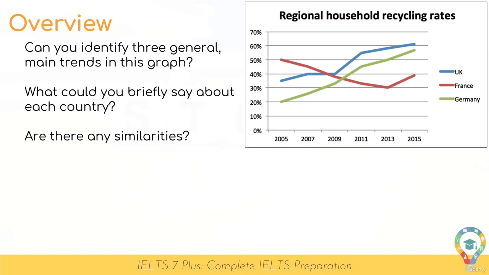What could you briefly say about each country? And are there any similarities that you could quickly discuss? Pause the video now and in note form, so not full sentences, try and identify 3 general trends in the line graph, and then I'll show you my ideas.